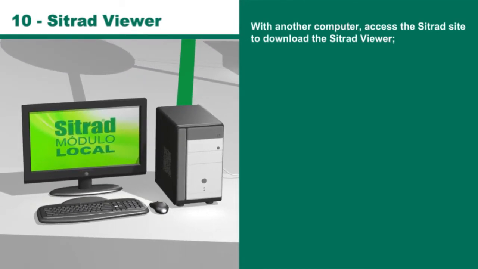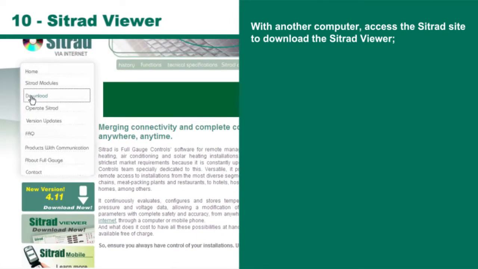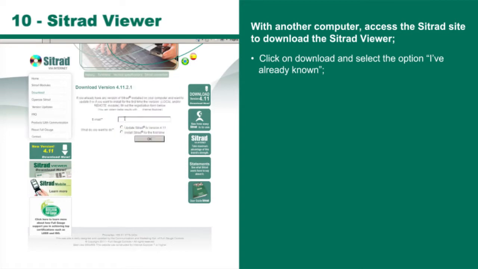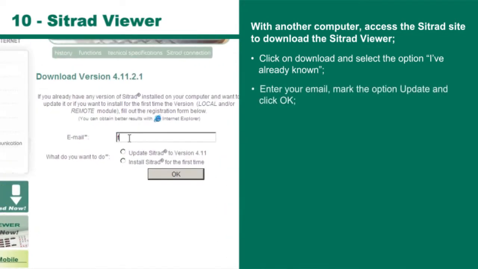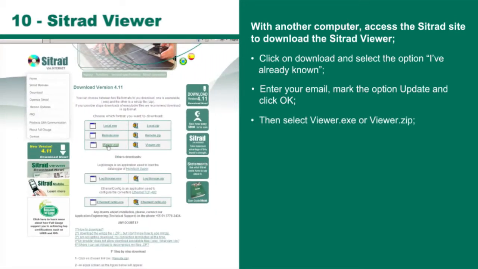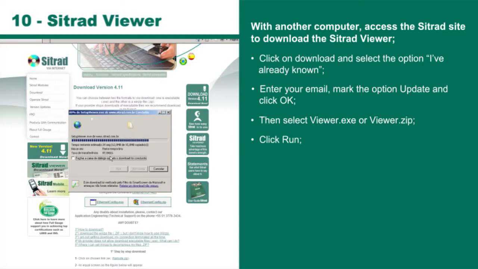With another computer, access the Sitrad site to download the Sitrad Viewer. Click on Download and select the option I already know. Enter your email. Mark the option Update and click OK. Then select viewer.exe or viewer.zip. Click Run.